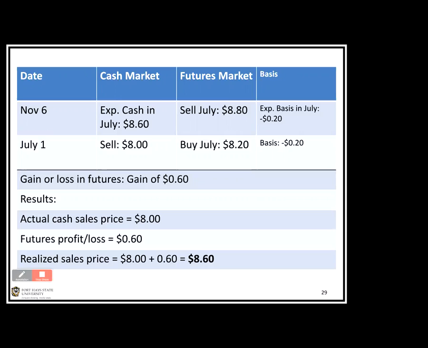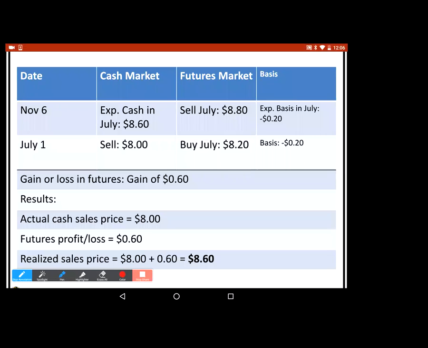Let's ignore this one and this one for now. Let's look at what happened here. On November 6th, what did we do? You can go back a slide and see the transaction we made.